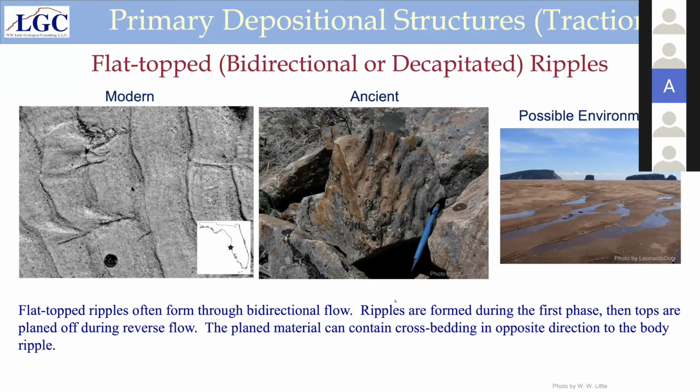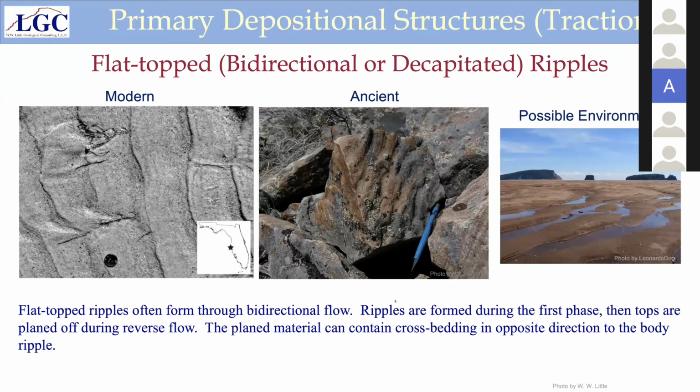It will actually remove the top of that ripple and deposit it in the other direction. And I'm not very good at using a whiteboard with a mouse, so I'm going to avoid that here. But if I had a whiteboard, what I would draw is a ripple with cross bedding that is dipping in the landward direction, and then I would take the eraser and remove the top of the ripple, make it flat, and then the backward flow.